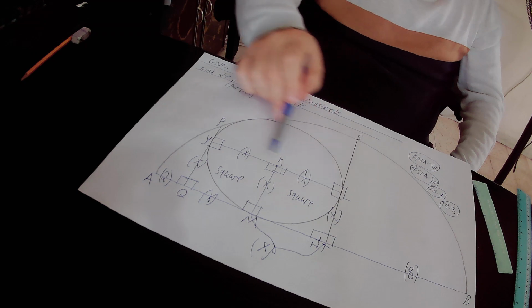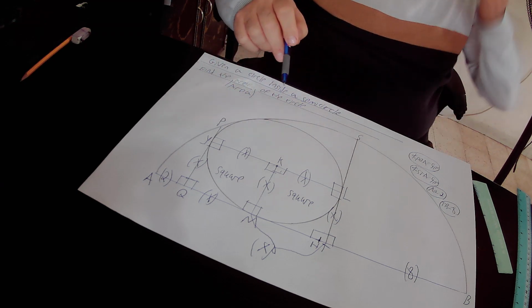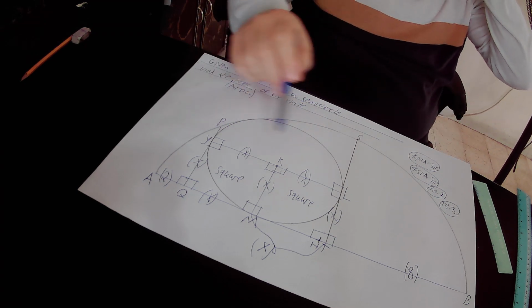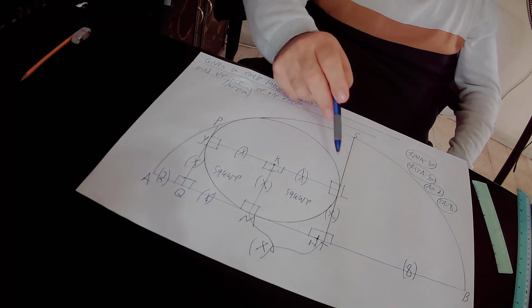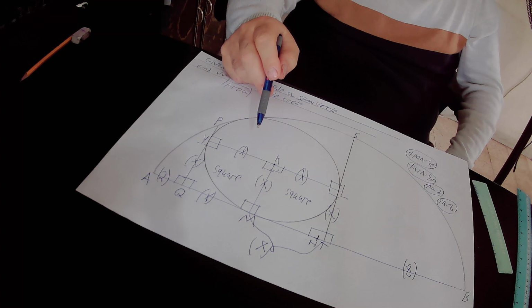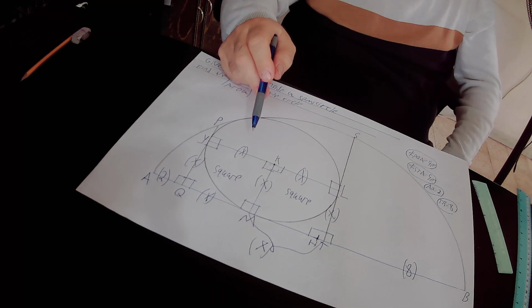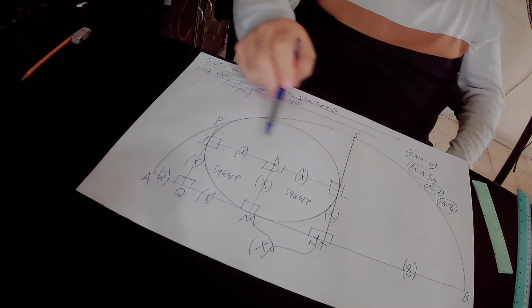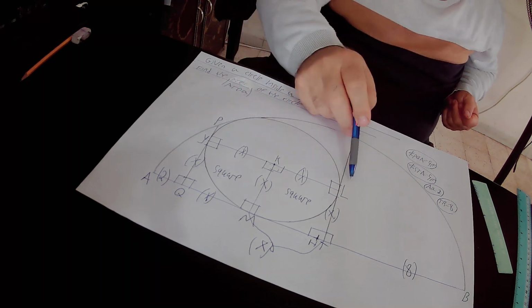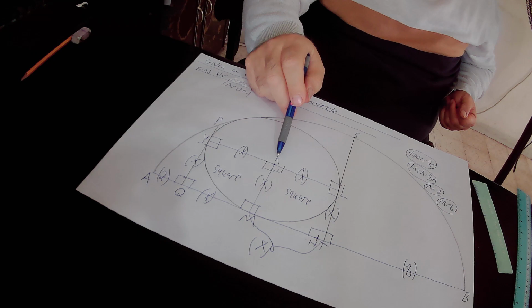But YKL is a straight line that touches the circle at 2 points, Y and L. Therefore, YKL is a chord, because any straight line that touches the circle at 2 points is defined as a chord. But YKL is a chord that passes through point K, that is the center of this small circle.